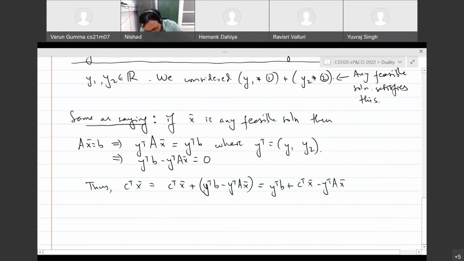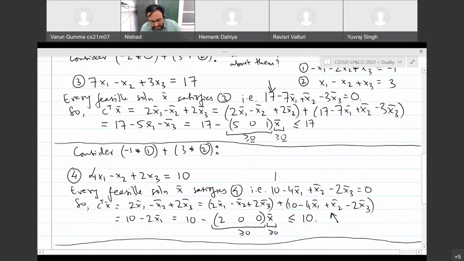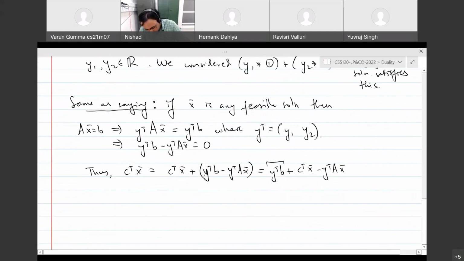Notice that y transpose b here is exactly what we got these numbers from, 10 and 17. Those were our y transpose b's. And everything else was the rest.